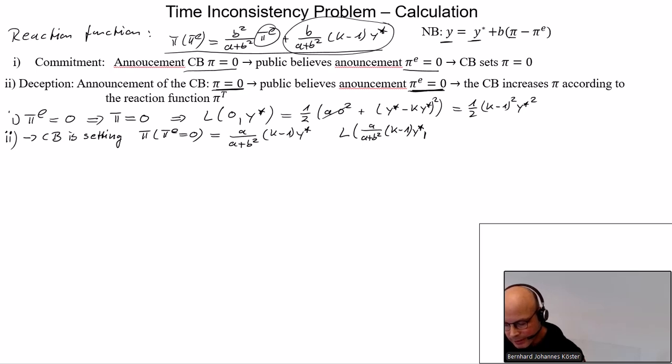So output is then given by Y star plus B times PE, which is 0 by assumption, times A over A plus B squared times K minus 1 times Y star.